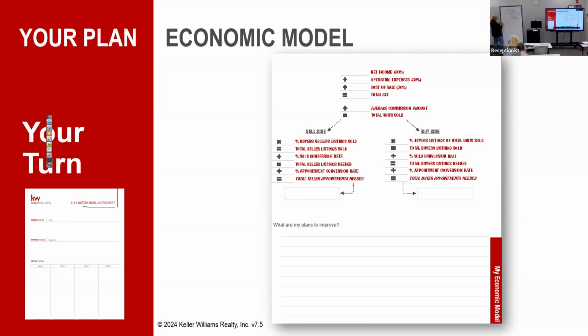If your average commission is $10,000, how many homes do you need to sell? 61 units. Everybody follow that?